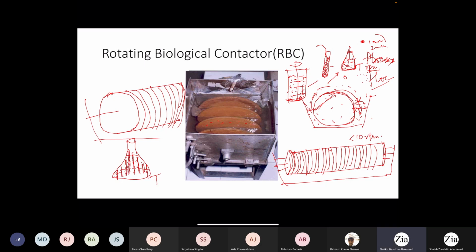So essentially here you are not maintaining any shaking. That means you are not inducing any external shear force, and the bacteria which are present in the liquid already got a surface to grow, because a few bacteria have a tendency to form this kind of film.